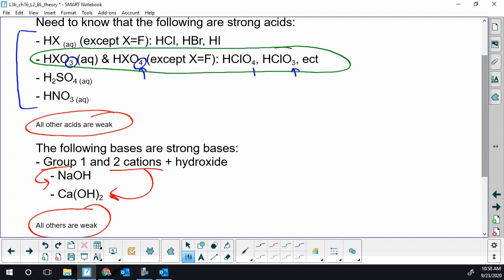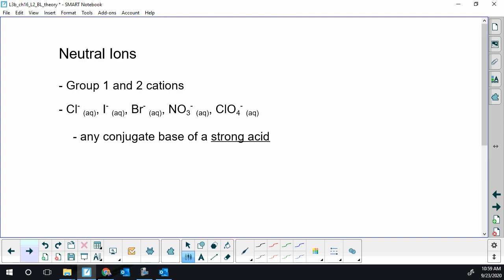Last bit of useful information. Is everyone okay if I flip slides? There's a whole bunch of ions that are never acids or bases, and I want you to be aware of those. The first is the group 1 and 2 cations. All by themselves, they are neither an acid nor base. They're not donors or acceptors.